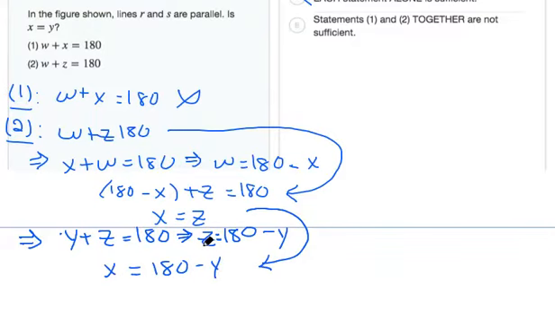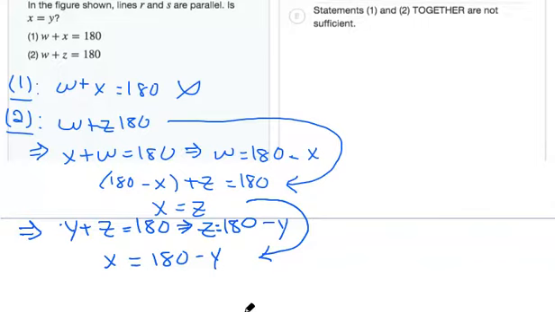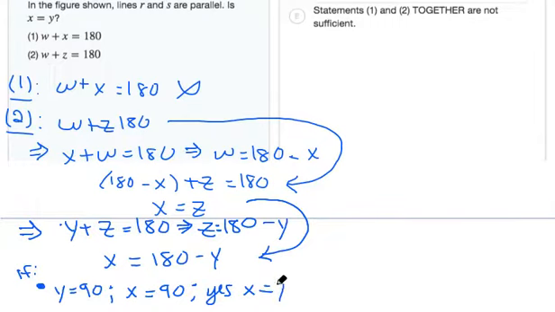Now the question asks, is X equal to Y? For us, it depends with this statement because we have a couple of different cases. If Y is equal to 90 degrees, then we can plug in, and 180 minus 90 would also equal 90. So in this case, yes, X would equal Y. But suppose Y is any other value.